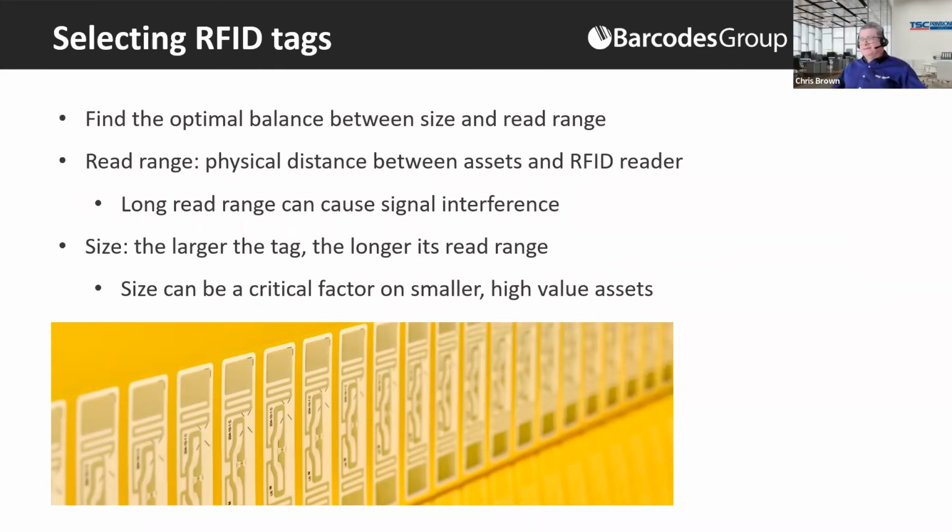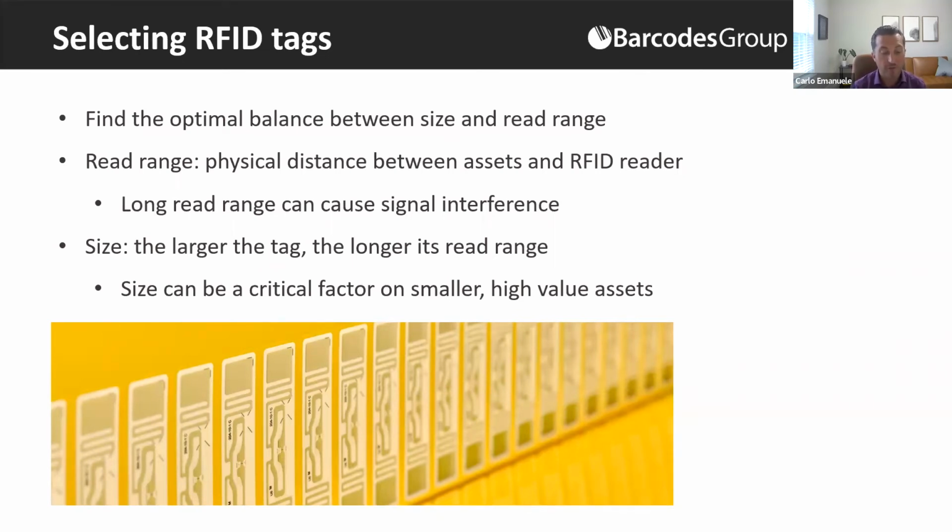Really, the big message, though, is Barcodes Group is really set up to make this entire process easy. As an example, about selecting the right RFID tags, there's a ton of technical complexity underneath, but at the end of the day, it's about finding the appropriate size and the optimal read range.